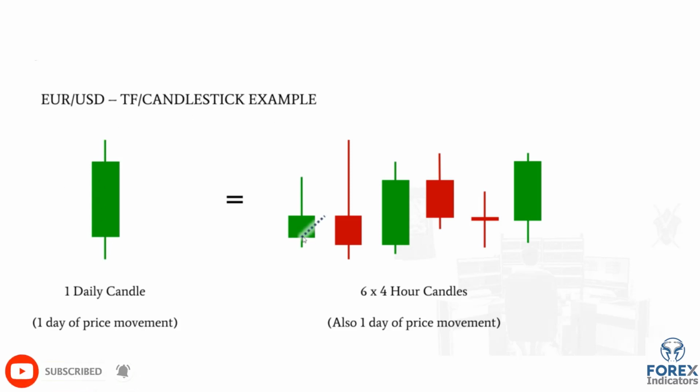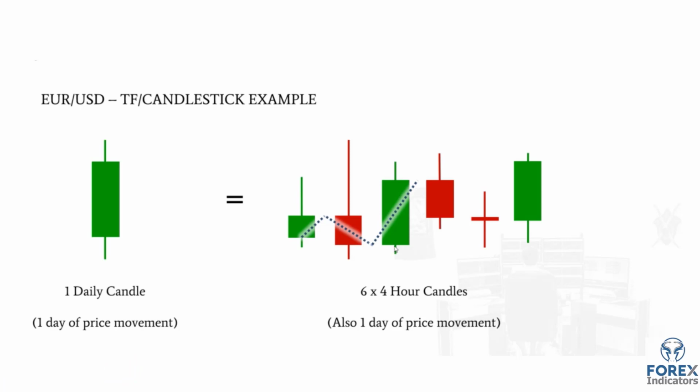Just to show you, the first 4-hour candle in this series, which is 6 times 4, 24 hours, 1 day of price action, opened here where the daily candle opened, right? It moved within this price range, it closed up here. The next 4-hour candle opened up here, moved within this price range, created the upper and lower wick, and closed down here, so a bearish candle.